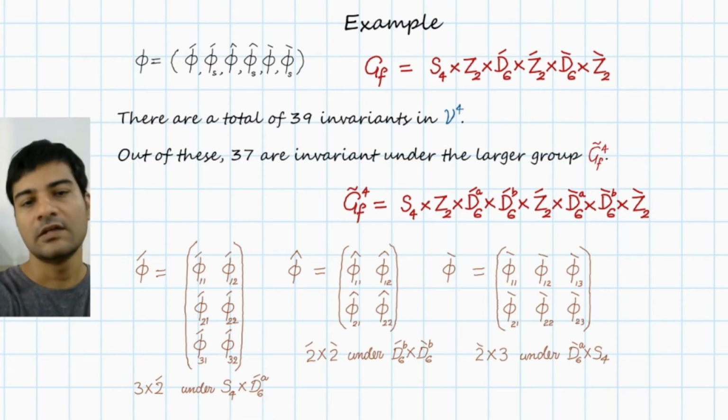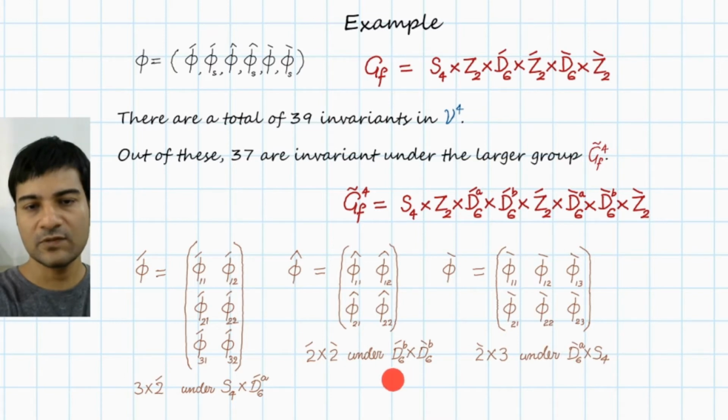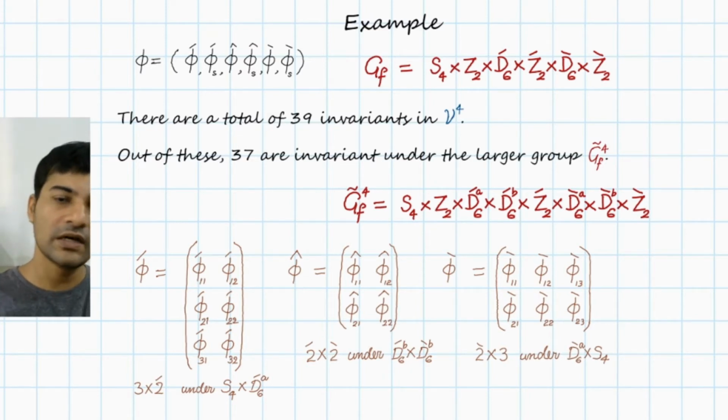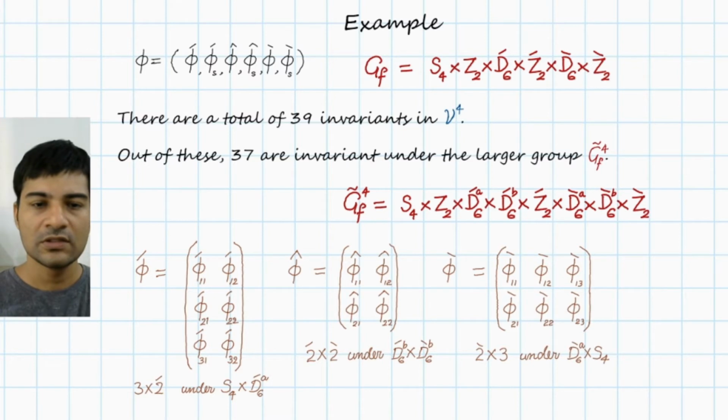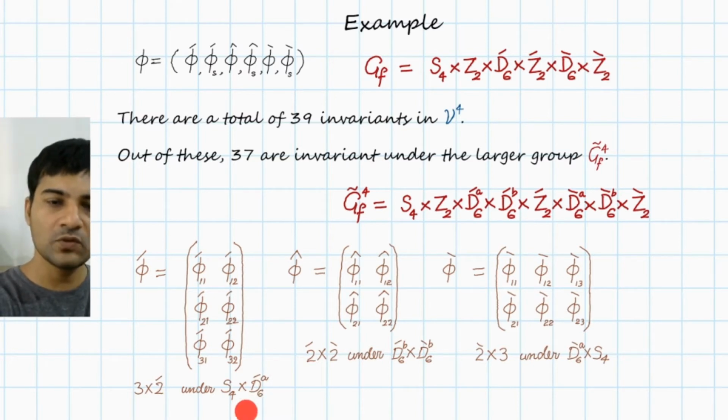And here for hat phi, the first index is transforming under acute D6B. In the earlier case, that was simply acute D6. That means here I have two groups, acute D6A acting on acute phi and acute D6B acting on hat phi. So that is how this larger group acts on these fields.